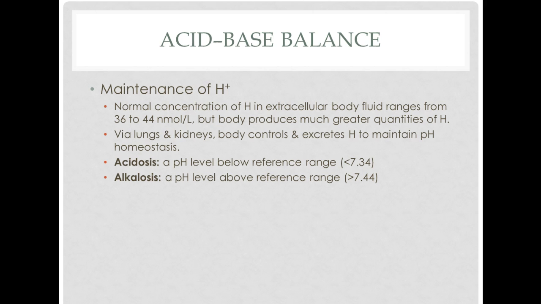We like to keep a pH in our body of about 7.40. If somebody has a pH below the reference range of 7.34, then they'd be considered with acidosis. If somebody has a pH above the reference range of greater than 7.44, we consider them to be in alkalosis.